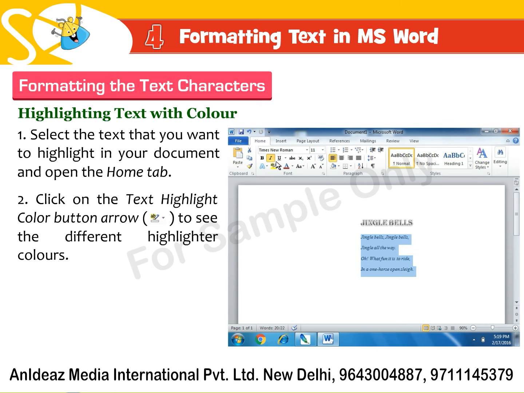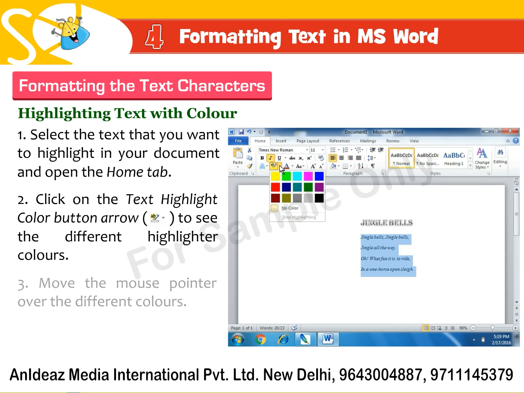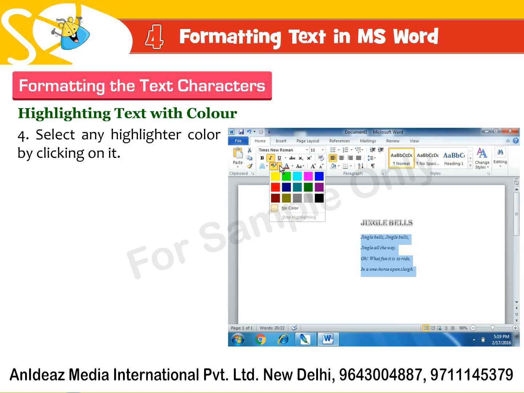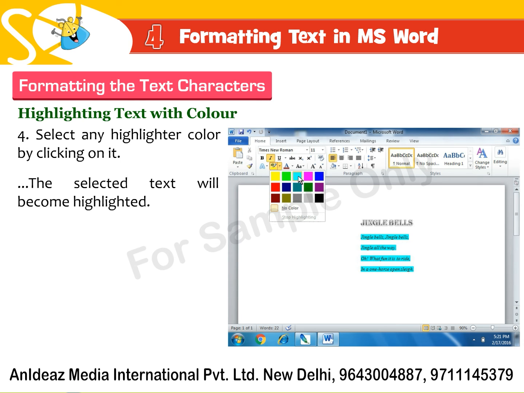Click on the Text Highlight Color button arrow to see the different highlighter colors. 3. Move the mouse pointer over the different colors. You will notice that the selected text gets highlighted accordingly. 4. Select any highlighter color by clicking on it. The selected text will become highlighted.